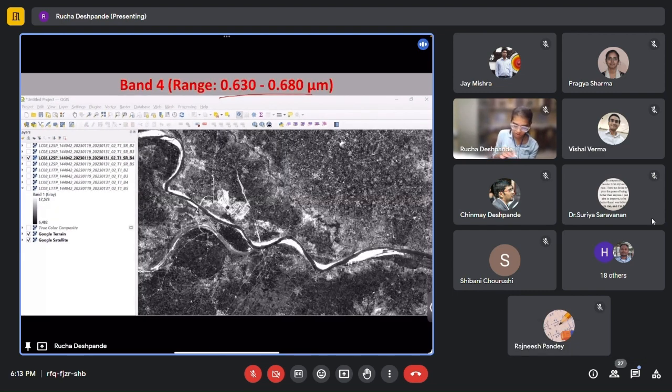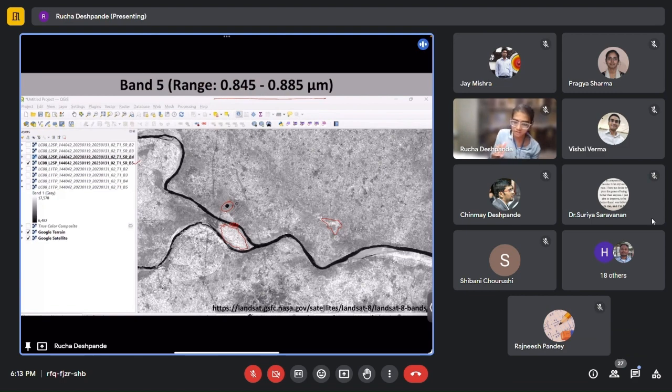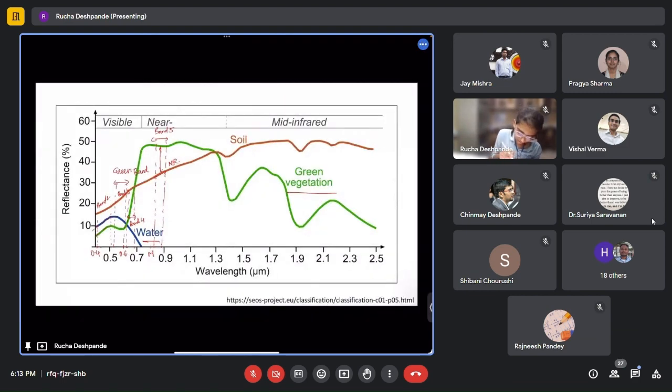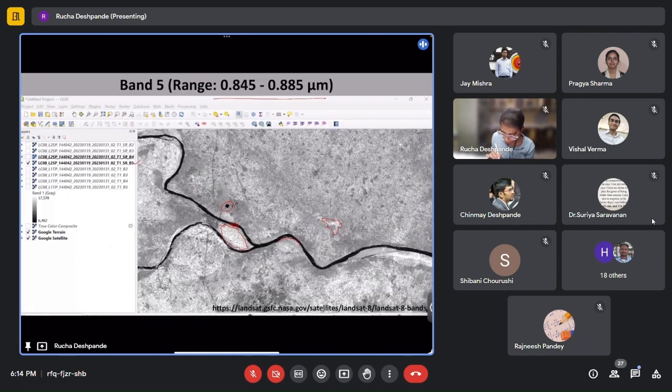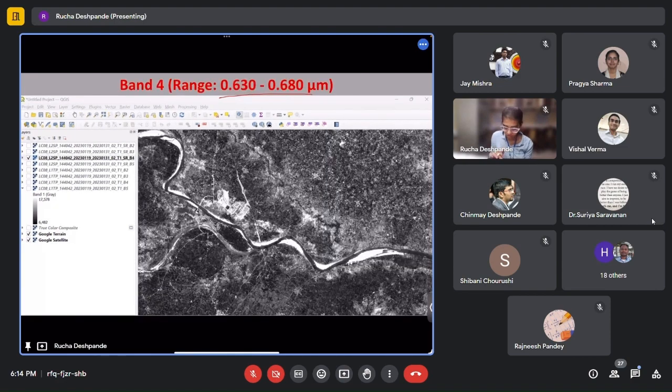This can be seen from the spectral reflectance curve again: soil will have higher reflectance in band 2 and band 3, but in band 5 vegetation will show higher reflectance than that of soil. That's why soil looks slightly less bright than the vegetation in NIR, but in other bands its reflectance is more, that's why it's appearing brighter. Is that clear?